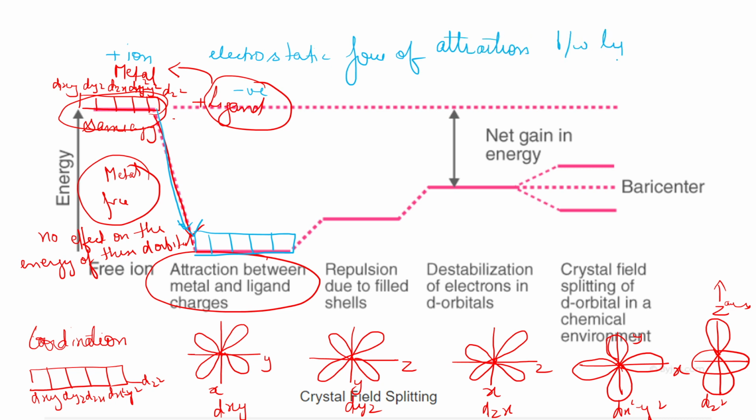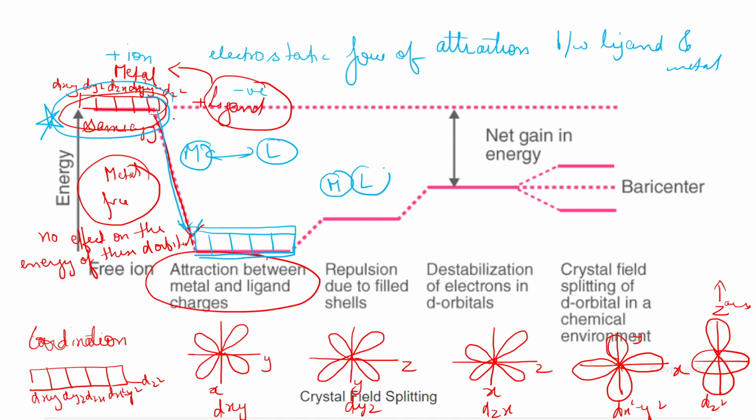So, when no ligands are present, the d orbitals have higher energy and they all have similar energy. But as soon as the ligand comes in close proximity, their energy reduces. But when it comes even closer, let's say the metal and ligand initially had this much distance between them, but now the ligand is in close proximity.